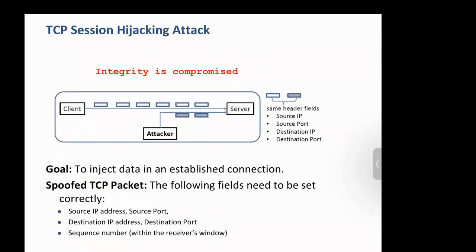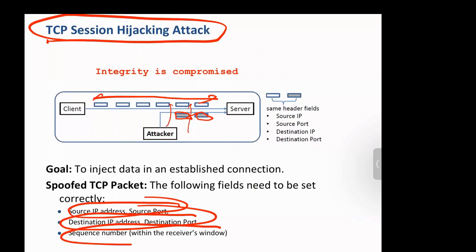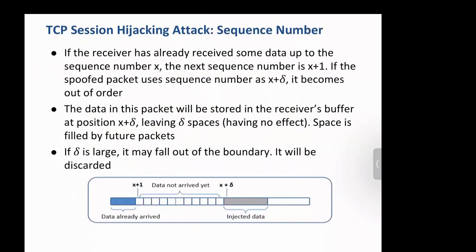Similarly, the next attack is the hijacking attack, where the attacker wants to put his spurious packet inside this flow of packets. It may want to insert its own packet. For that, again it needs to know source IP address, source port number, destination IP address, destination port number, and sequence number. So again it has to guess, and then it can insert.